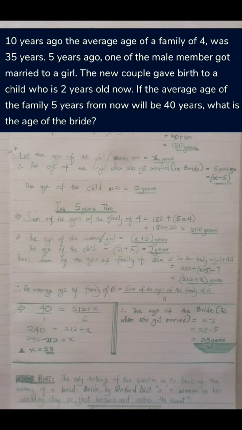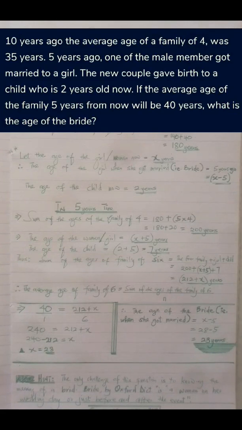The trick of this question is that you were asked to find the age of the bride, and looking from the Oxford Dictionary, a bride is a woman on her wedding day or just before and after the event. A bride, a woman on her wedding day, just before and after.